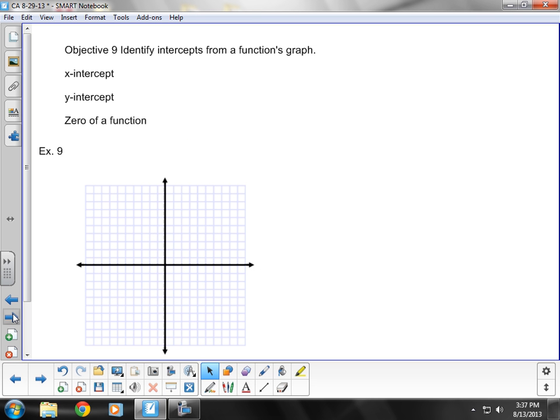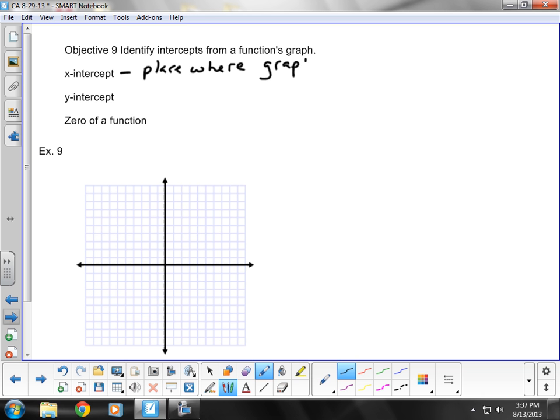We talk about x-intercepts and y-intercepts and zeros of functions. So let's just very quickly remind ourselves that x-intercept is the place where the graph crosses the x-axis.